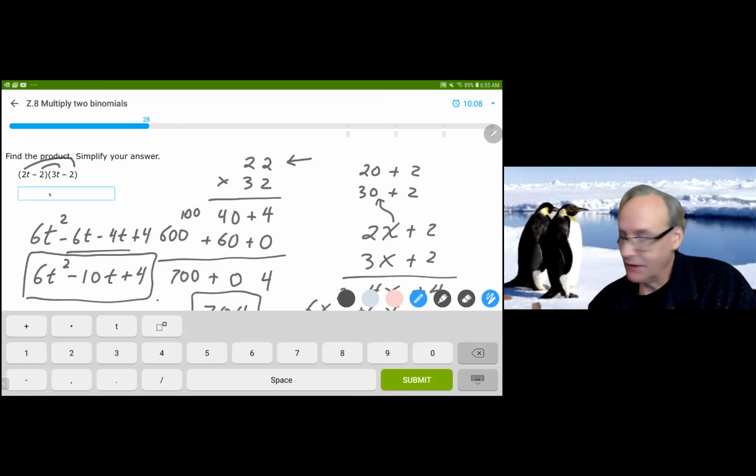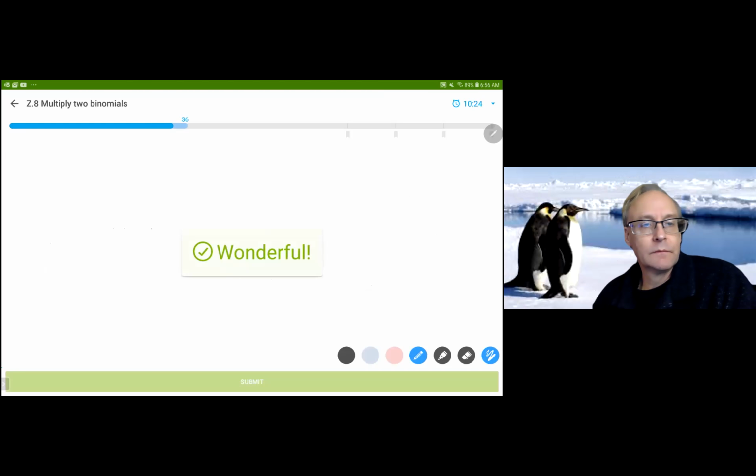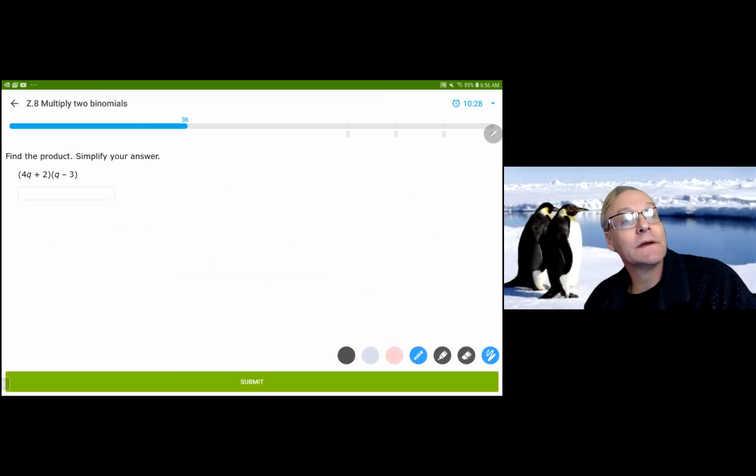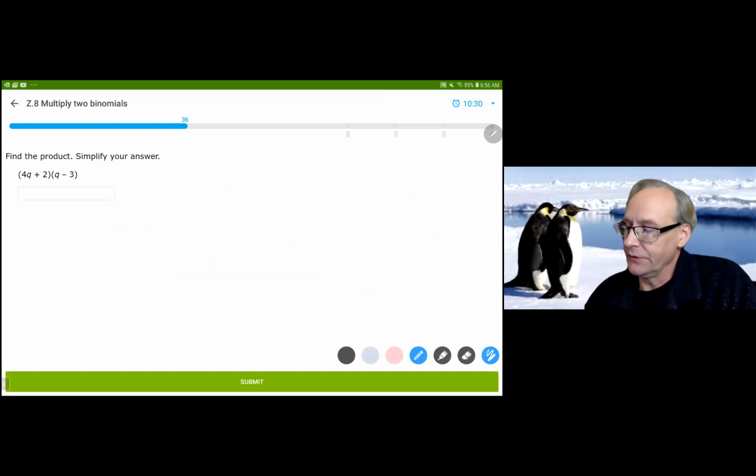Nothing like going off on a tangent. Sorry, guys. 6t squared minus 10t plus 4. I should have stuck with the easy stuff here. Maybe I'll redo it again.